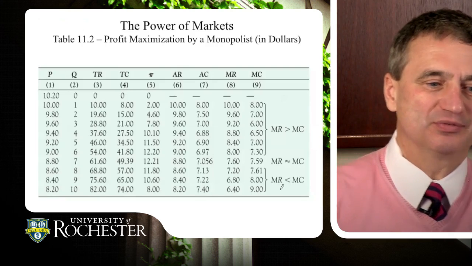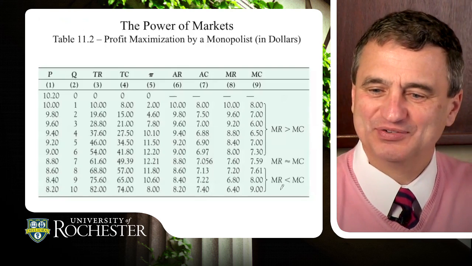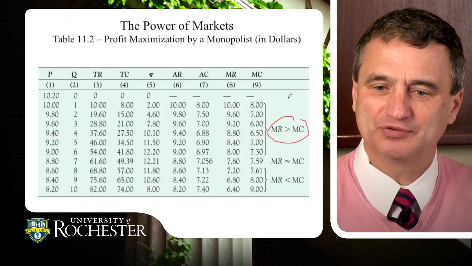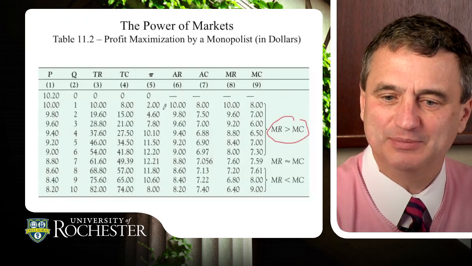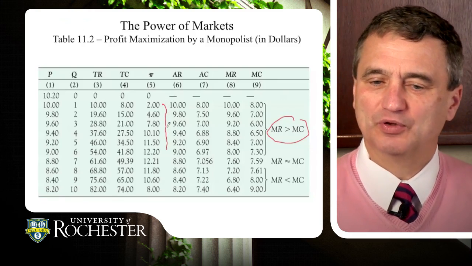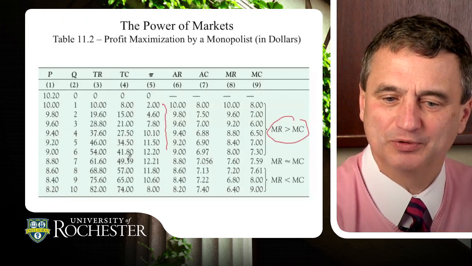And look what happens. So long as marginal revenue exceeds marginal cost, profit keeps going up. So if we look at the profit column, it keeps rising all the way until we get to an output level of 7.